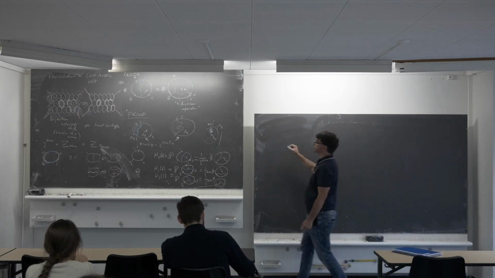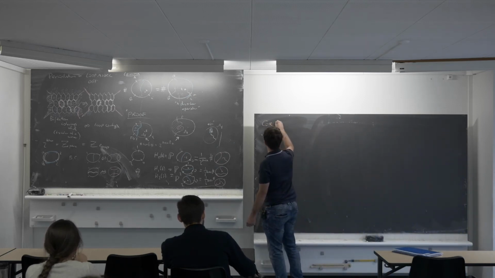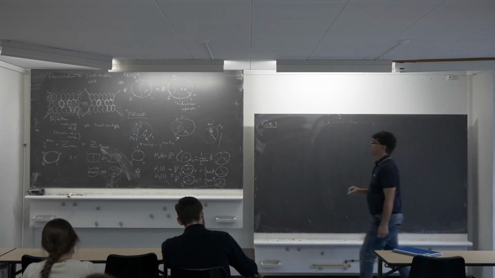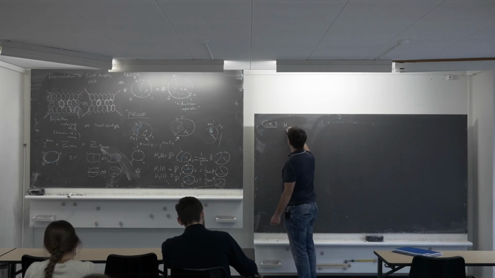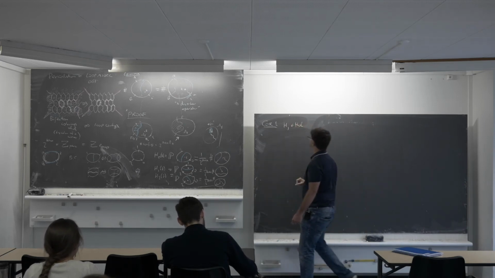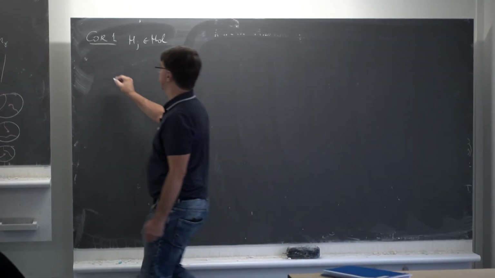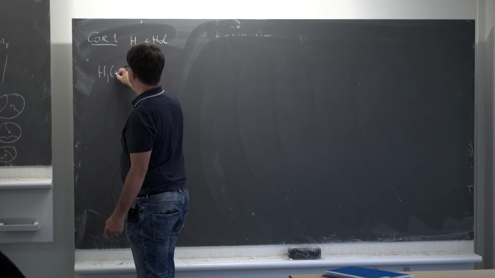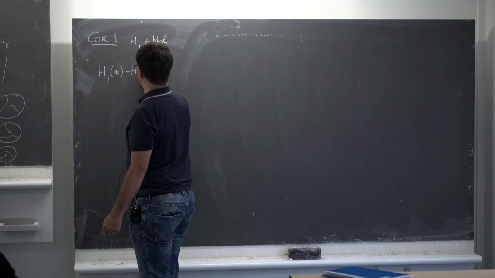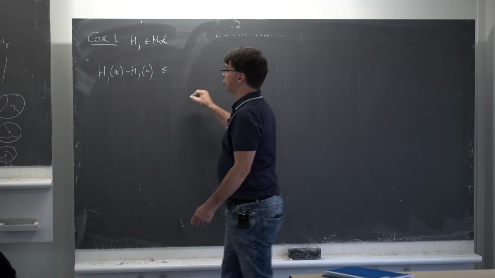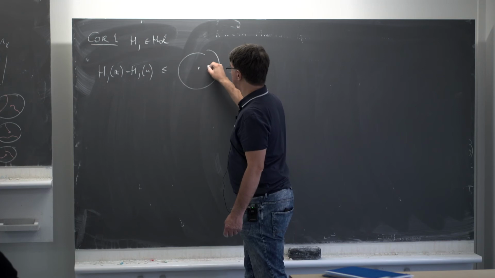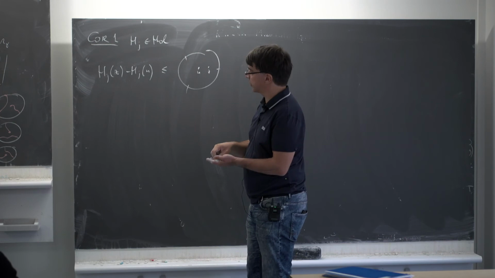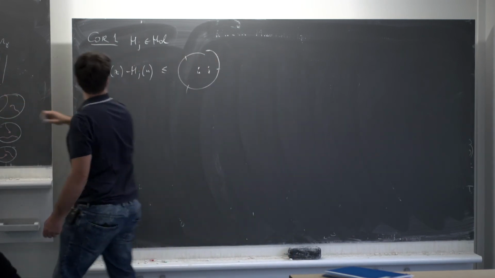Now, there are two observations which are corollaries of this. The first corollary is that the functions Hj are uniformly Hölder. Because Hj of Z minus Hj of U is no more than, so if you have 2 points U and Z, what does it mean that one of them is separated by a crossing and another is not?